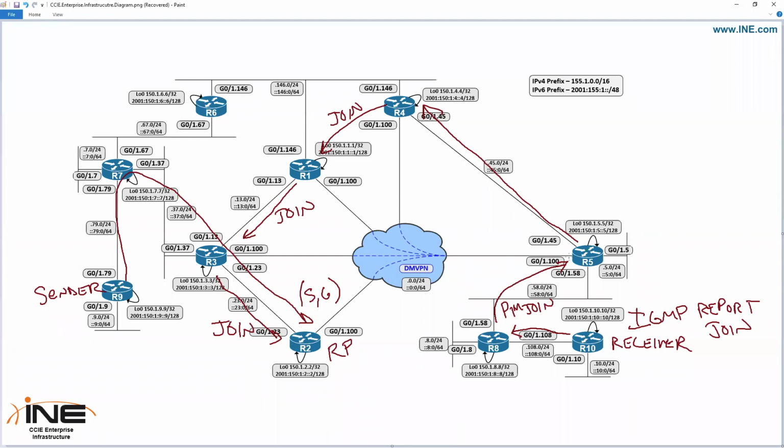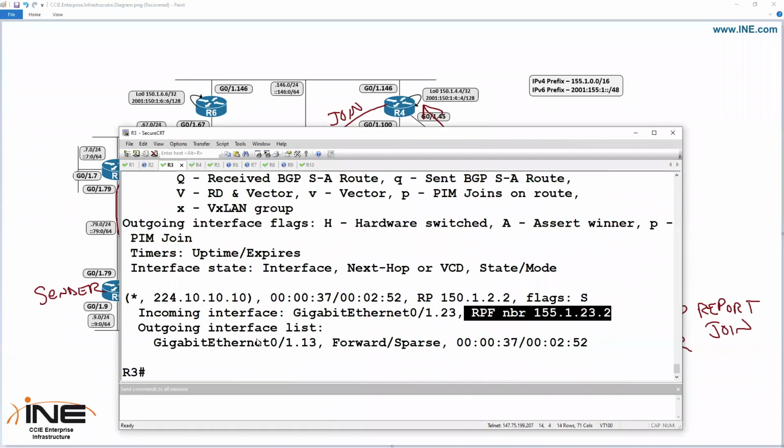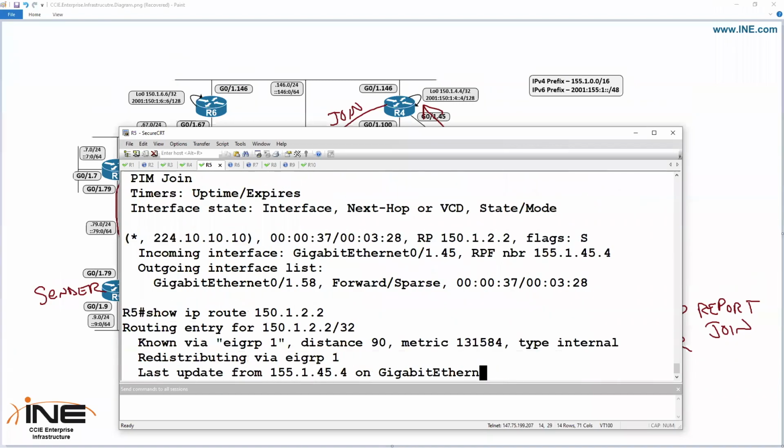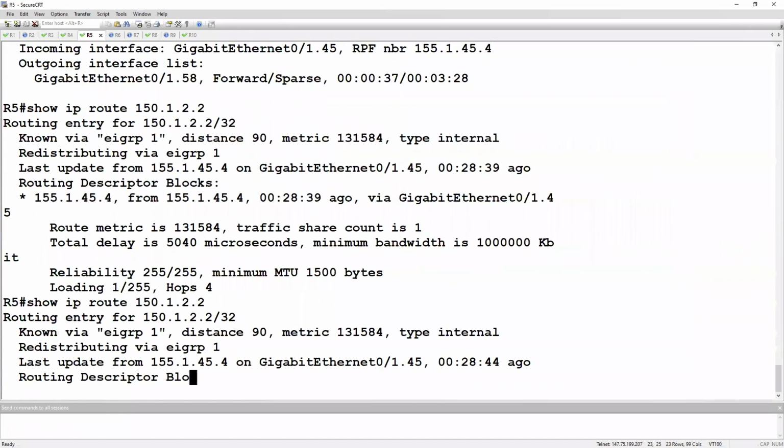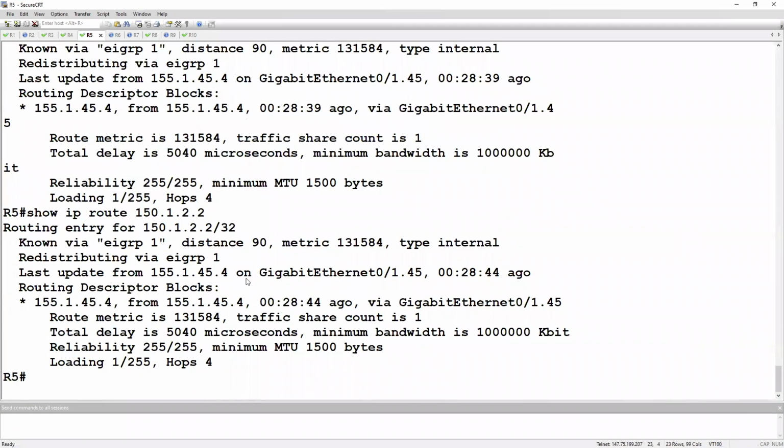Okay, the reason that we're going this roundabout way has to do with the underlay unicast routing. So when we look from router 5's point of view, and we look at the show ip route to 150.1.2.2, we're using router 4's directly connected interface on gig0/1.45 in order to reach this destination, as opposed to the DMVPN tunnel that's going directly to router 2.